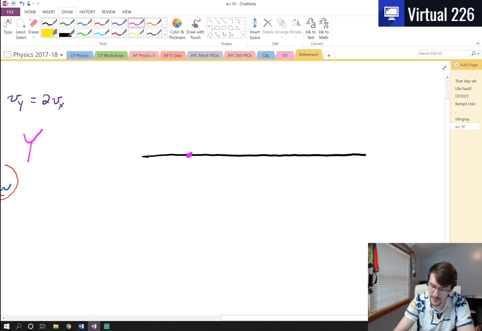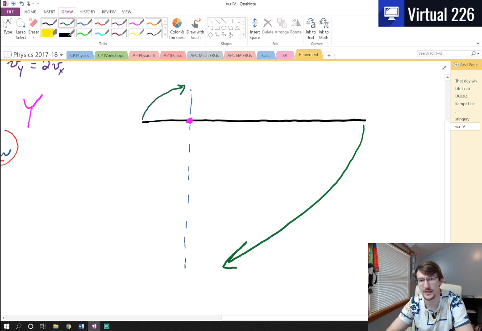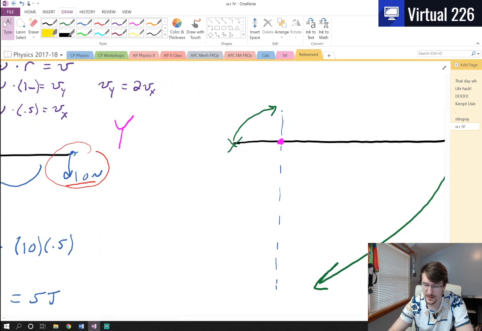But because you're not pivoting around the center, because you're pivoting at an offset here, when this bar reaches its vertical position, like that, this down here had to move a very far distance, and this one had to move a very short distance, and they had to do that in the same amount of time. So their linear or their tangential velocities are very different here. Their angular velocities are the same, but their tangential velocities, their linear velocities out at the edge where these points are, are very different. So because of that, Vy has twice the velocity of Vx.